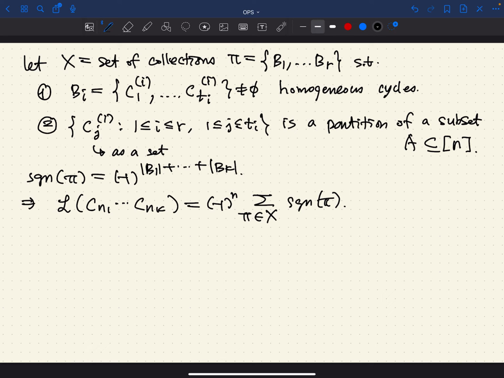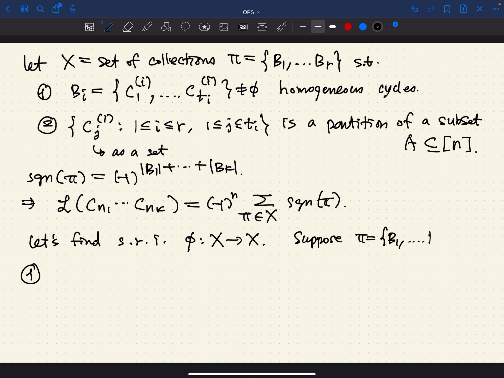So our job now is to find the sign-reversing involution, canceling everything that we don't want. Okay, how can we do that? So let's find the sign-reversing involution phi. First, suppose pi is B1 through Br in the set X. We have a configuration.